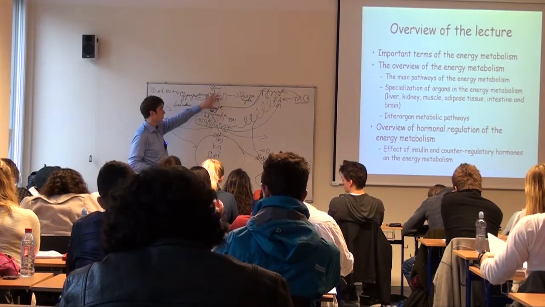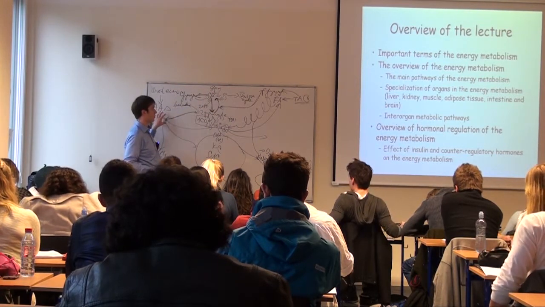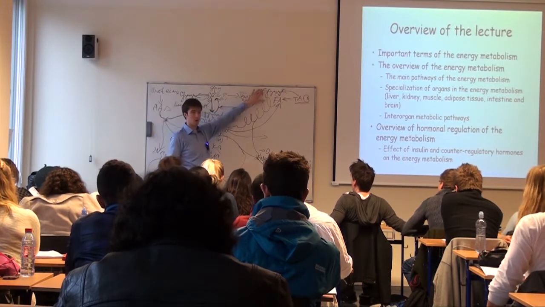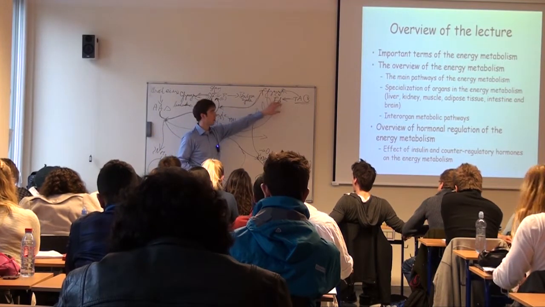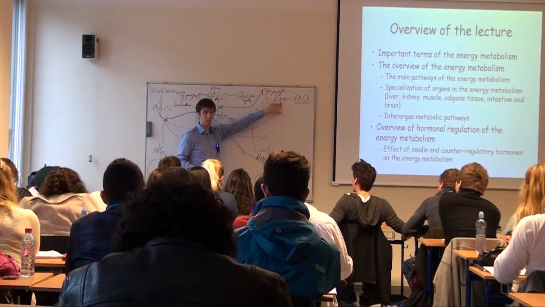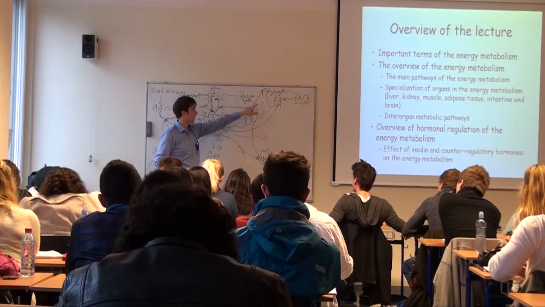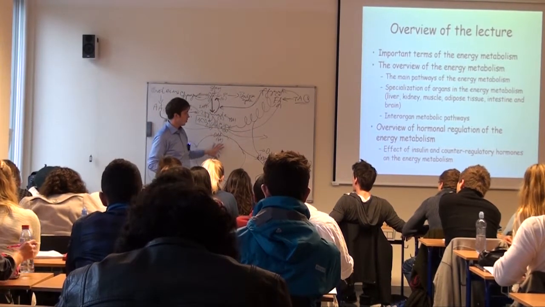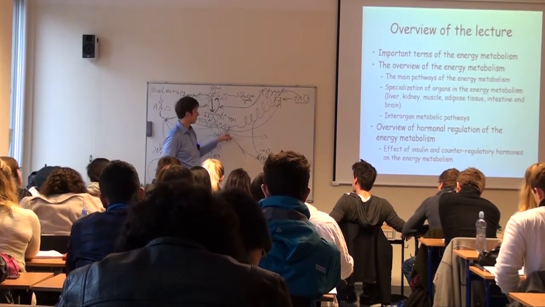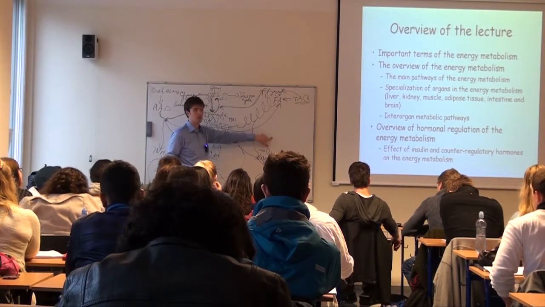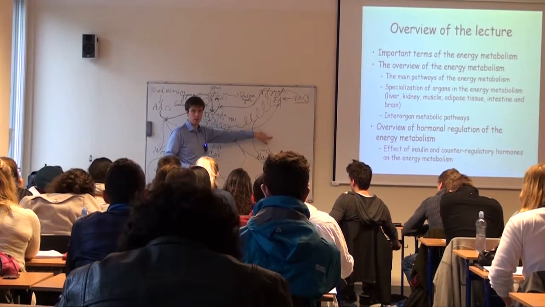But the problem is that new glucose can be produced only from amino acids, from pyruvate and glycerol. But we have a lot of fatty acids. So therefore, in the liver, if we have no food, the fatty acids are degraded. We produce the energy, but in addition, we take the acetyl coenzyme A and we produce compounds that are called ketone bodies.